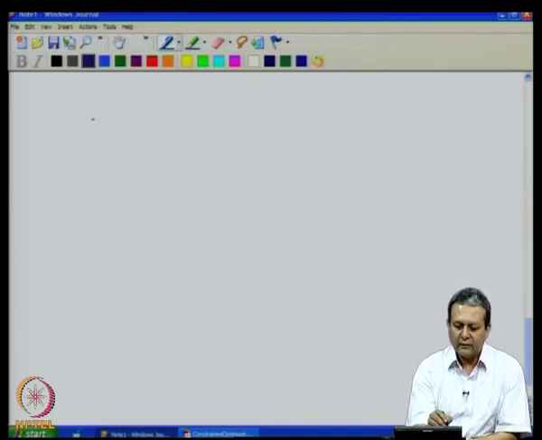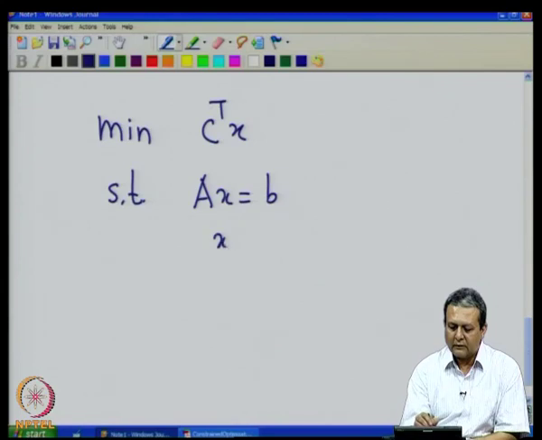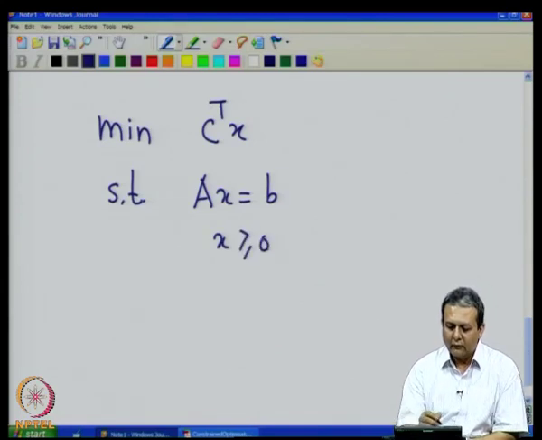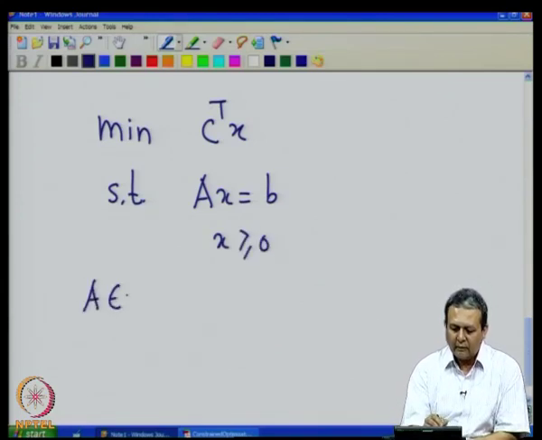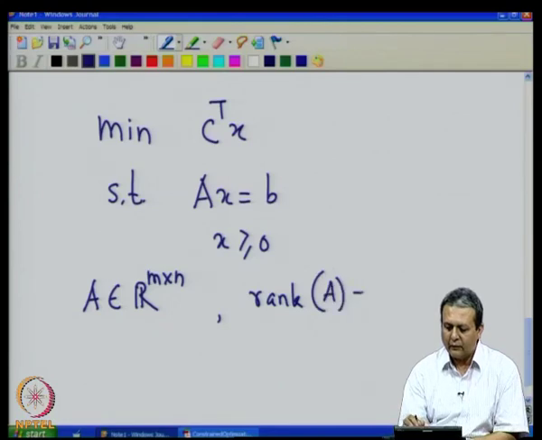One problem is that if you want to minimize c transpose x subject to the constraint Ax equal to b, x greater than or equal to 0, where A is an m by n matrix, and without loss of generality we assume that the rank of A is equal to m.